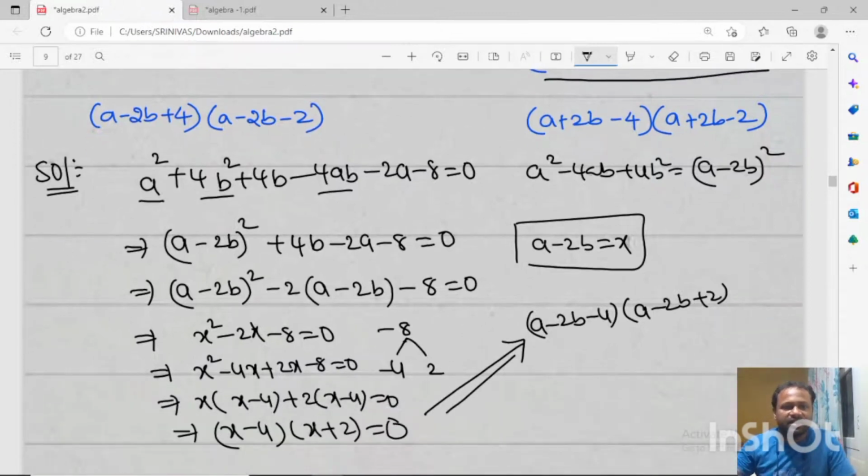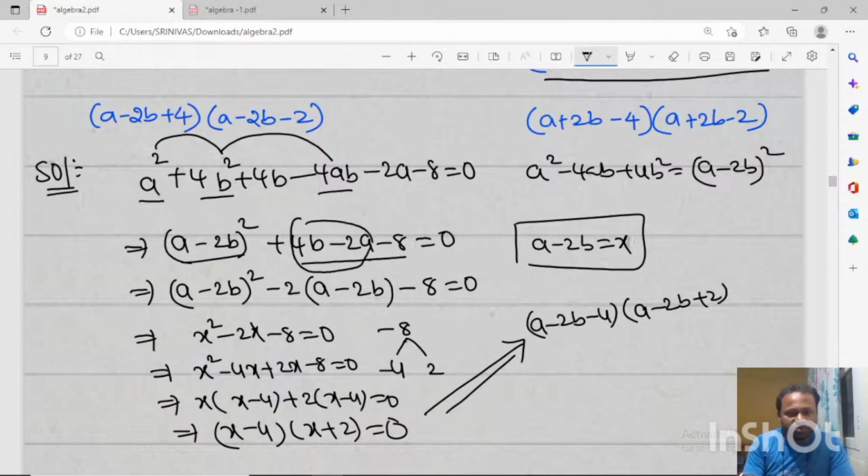See once again, from these first, second, third, a minus b whole square form I written, and next 4b minus 2a minus 8. From these I have taken minus 2 common, and it is in the form of a minus 2b.